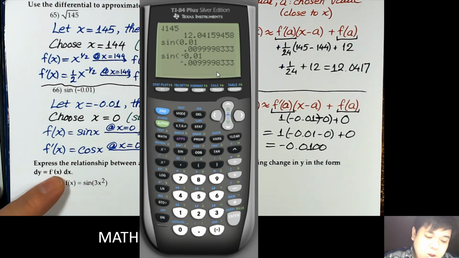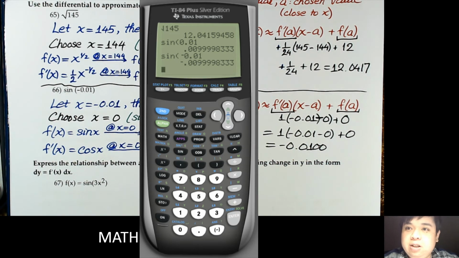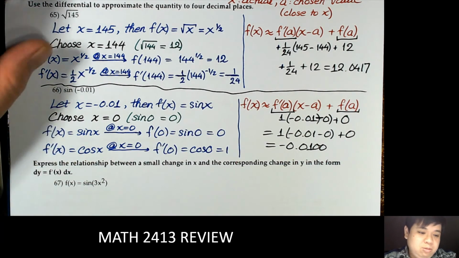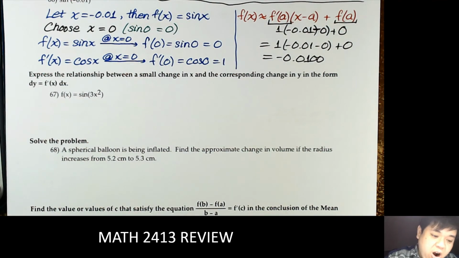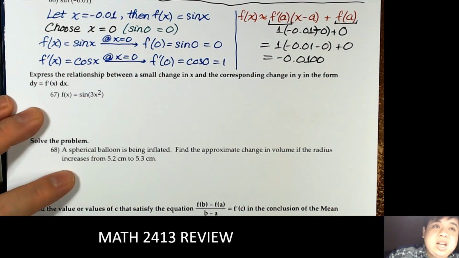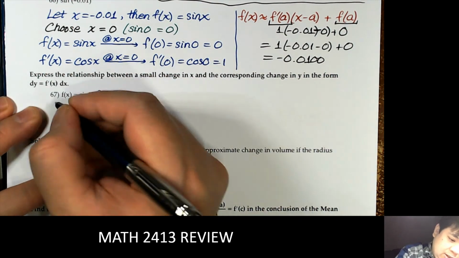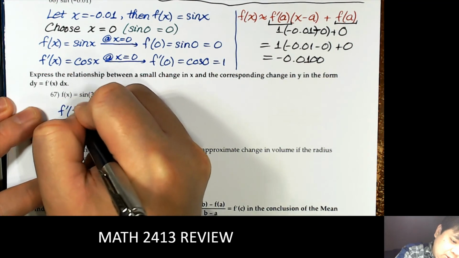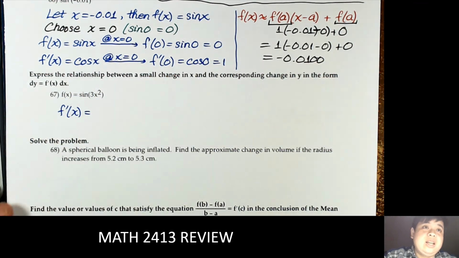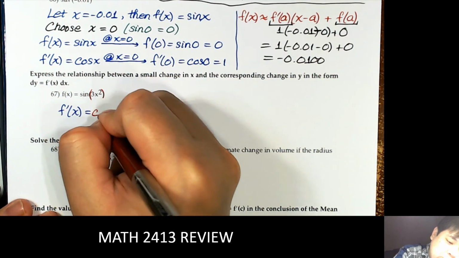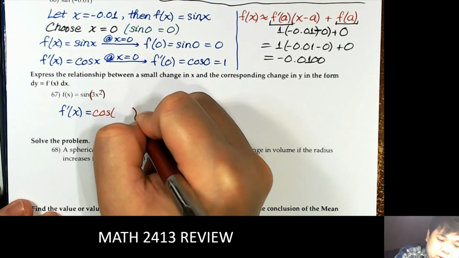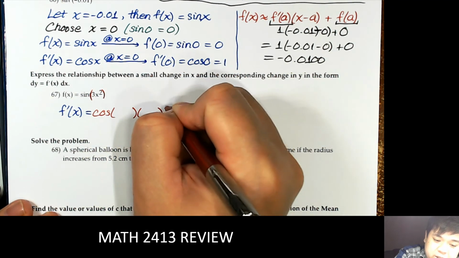Next, we just need to do that. So it's very simple, and the notation should be pretty obvious too. We simply take the derivative, except this one needs the chain rule. Sine of something: the derivative of sine is cosine, but then we have to take the derivative of that something.